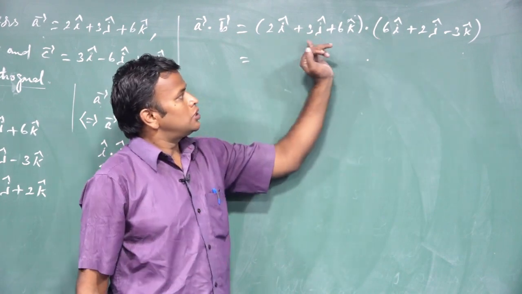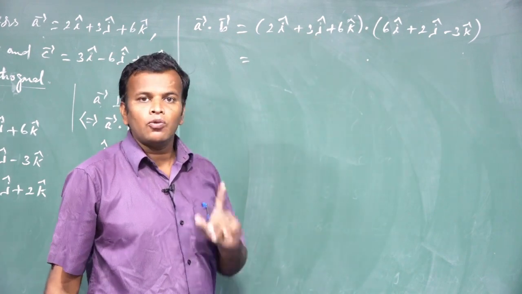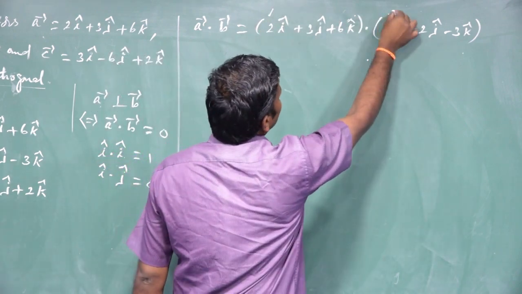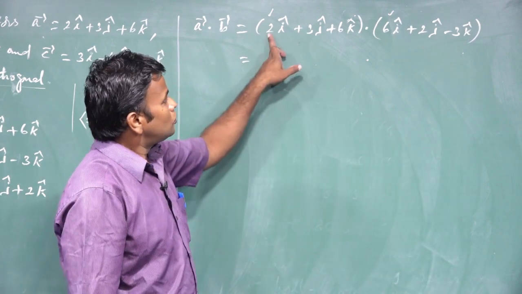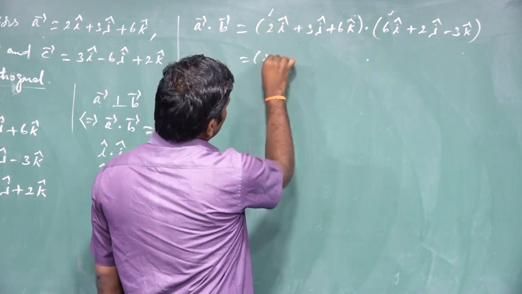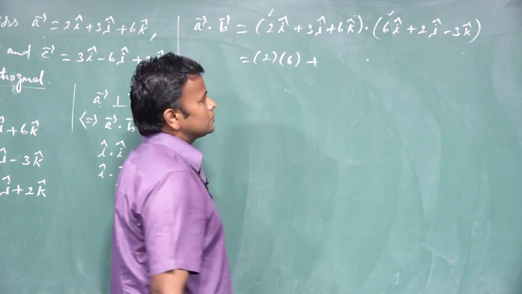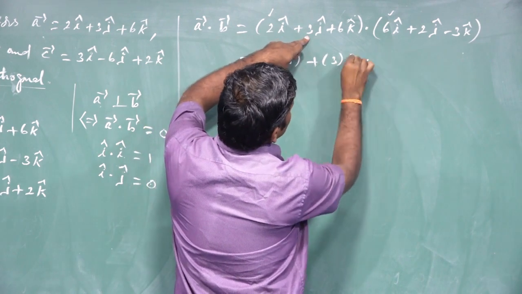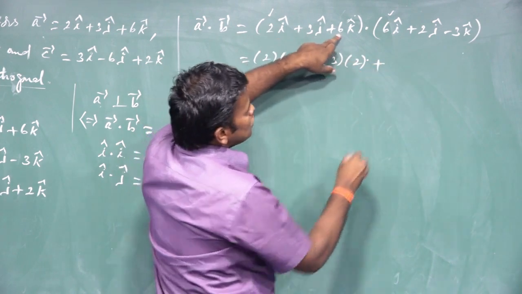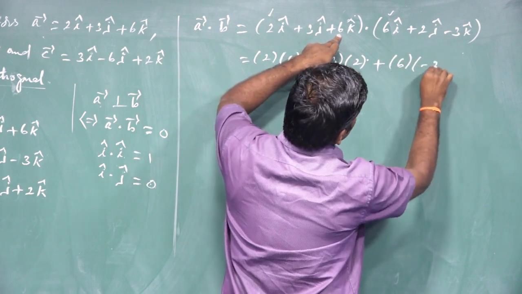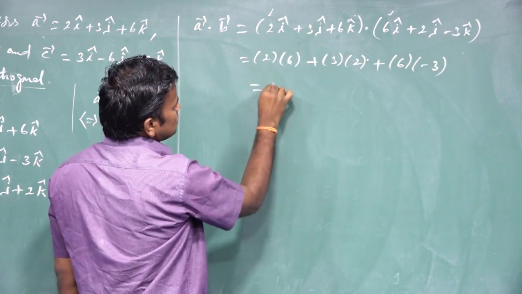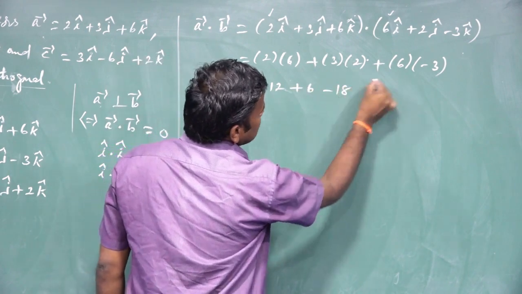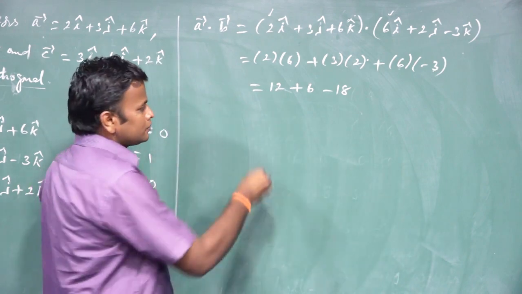Now we take the dot product of these two vectors. You know i dot i, j dot j and k dot k become 1 and all the remaining are 0. So you multiply the coefficient of i cap first, 2 here, 6 here, so 2 into 6 plus coefficient of j cap, here 3 and here 2, plus coefficient of k cap, 6 into minus 3. 2 6s are 12 plus 6 into minus 3 is minus 18.